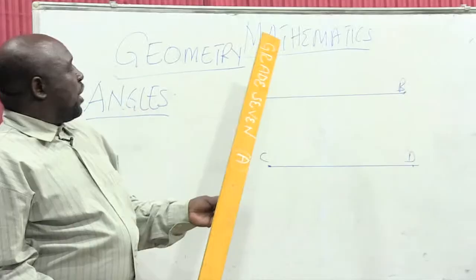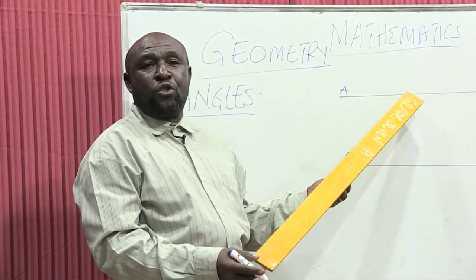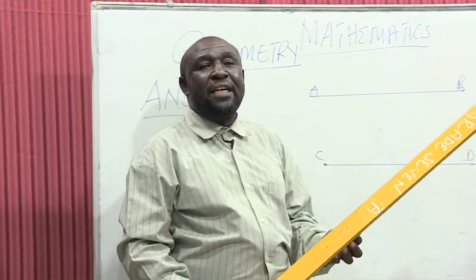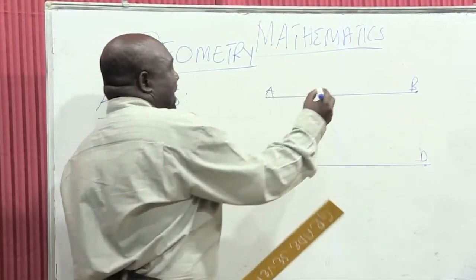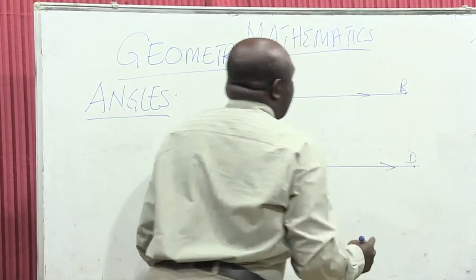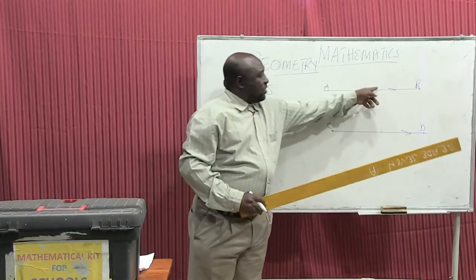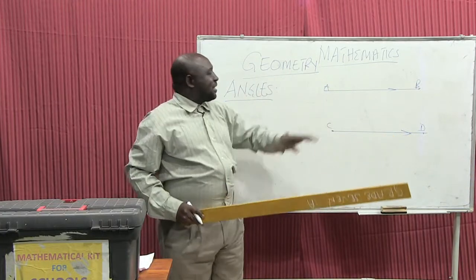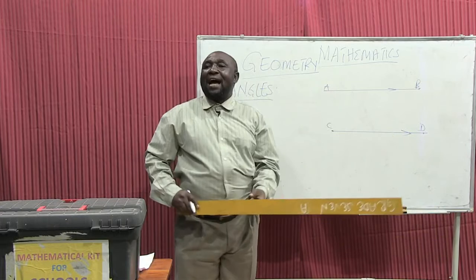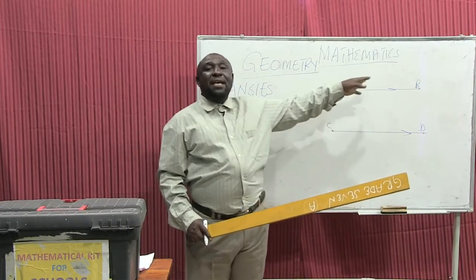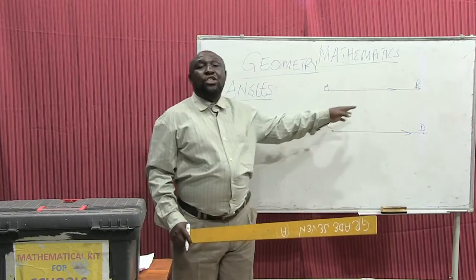Then if we wanted to show geometrically that AB is parallel to CD, we put this mark, the arrow, with the two arrows showing the same direction. This means these lines are parallel. So we have parallel lines AB and CD.